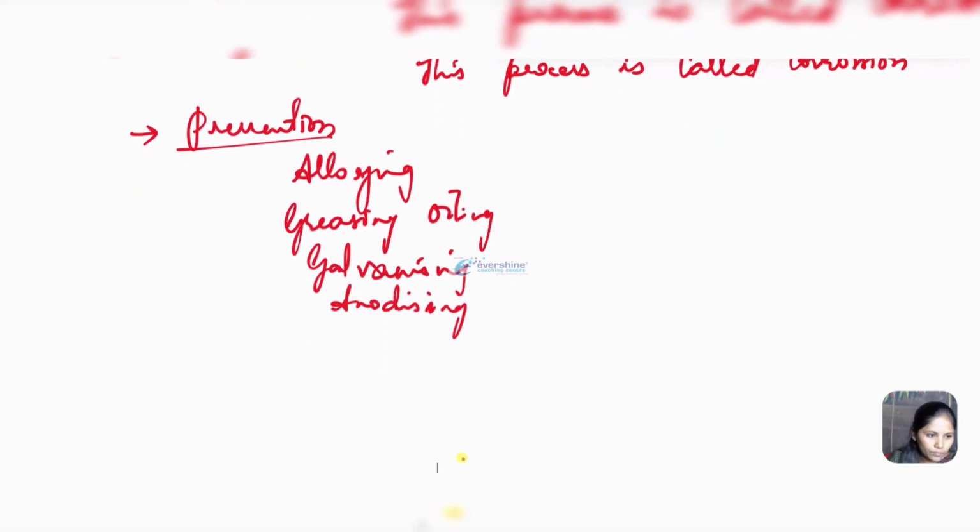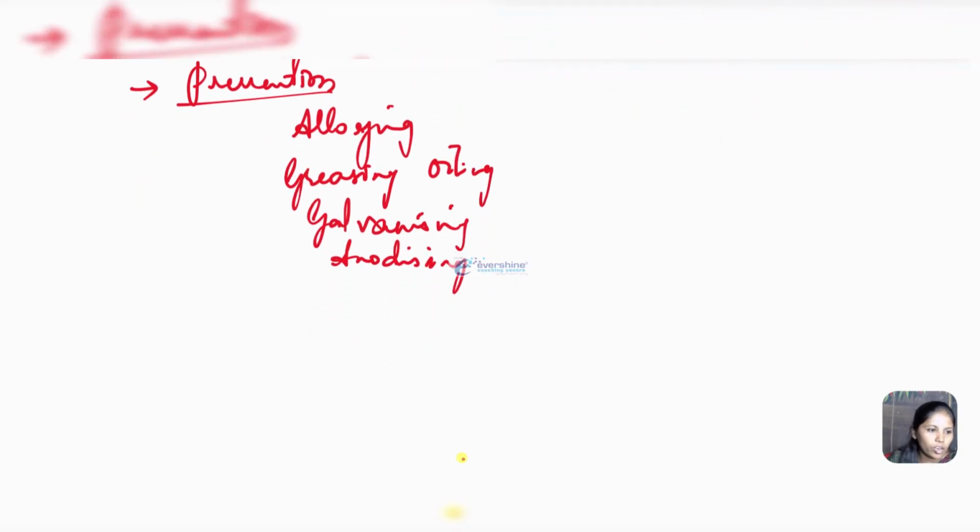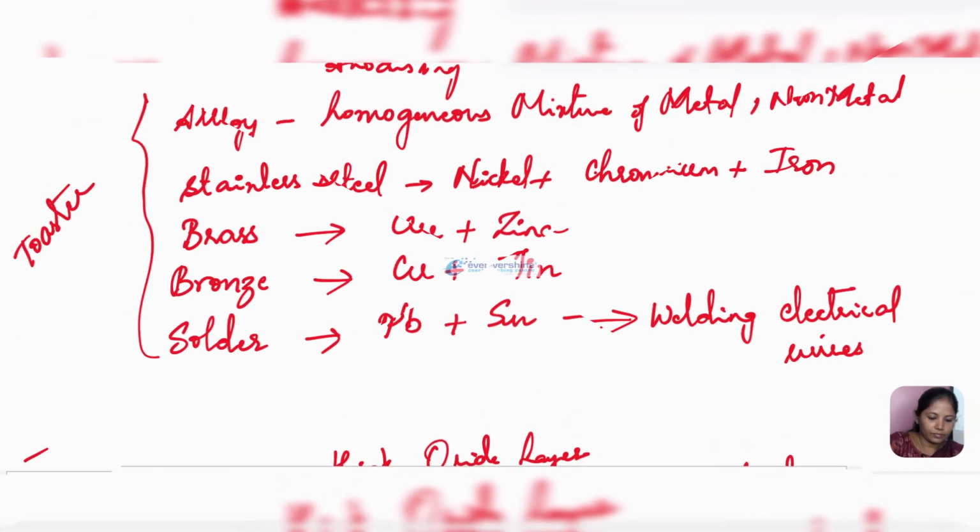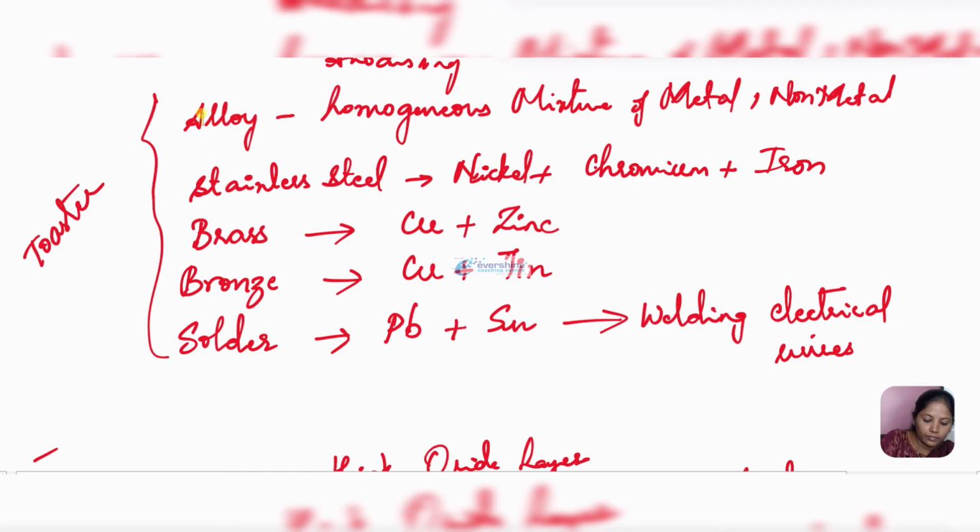Since we have alloying here, you have to know what an alloy is. So what is an alloy? An alloy is a homogeneous mixture of metals and non-metals.